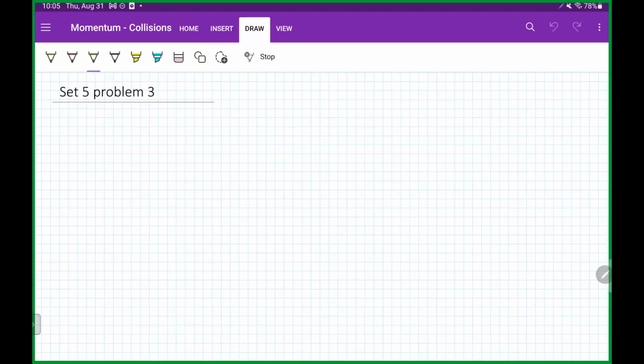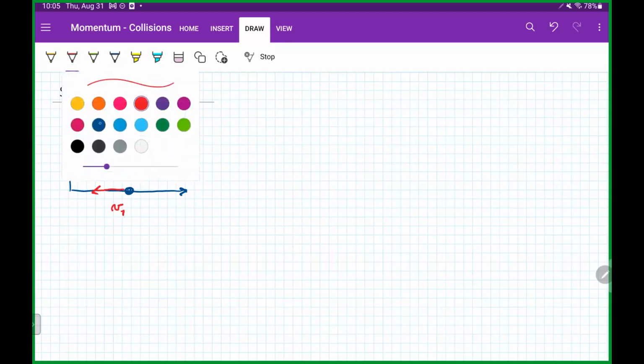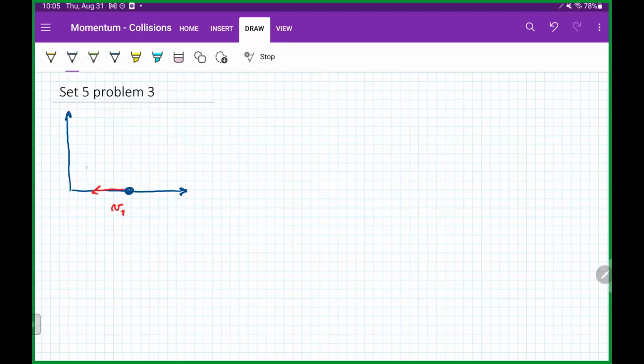All right, so let's see what we have here. You have a diagram there, but let me just draw it again. So we have the ball going at, just using our color, V1, and then it's kicked. It goes flying with an angle of 45.